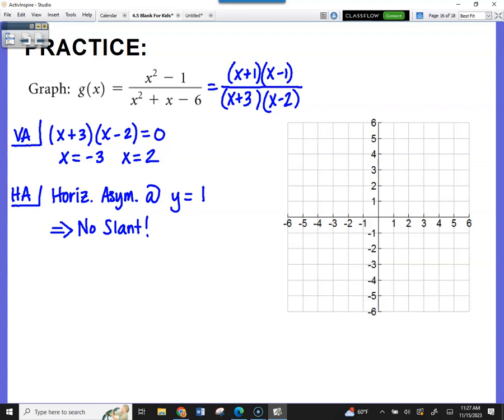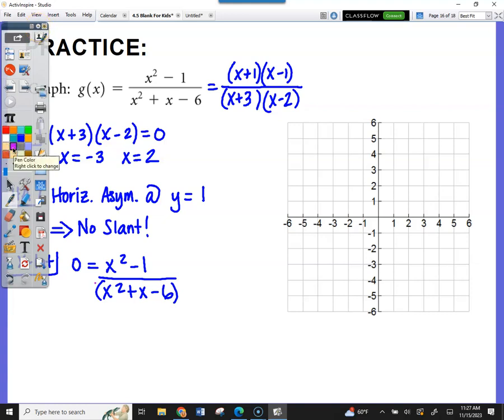All right, x-intercepts. Change the function notation to 0. Do I even need to write the denominator? You can if you want. I'll write it so you know where it comes from. But what's going to happen to all of this when I cross multiply it? It goes away. So really you're focusing your attention on the numerator.